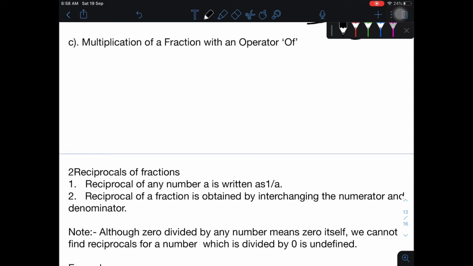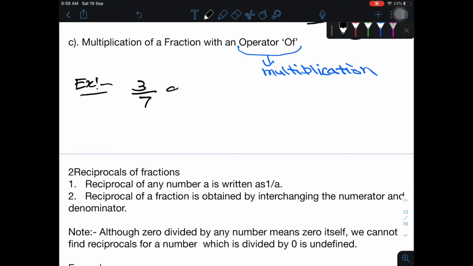Multiplication of fraction with the operator of. So students, always remember that this operator of also works as multiplication. So my dear friends, if the question is given like that, 3 by 7 of 28, how will you do?